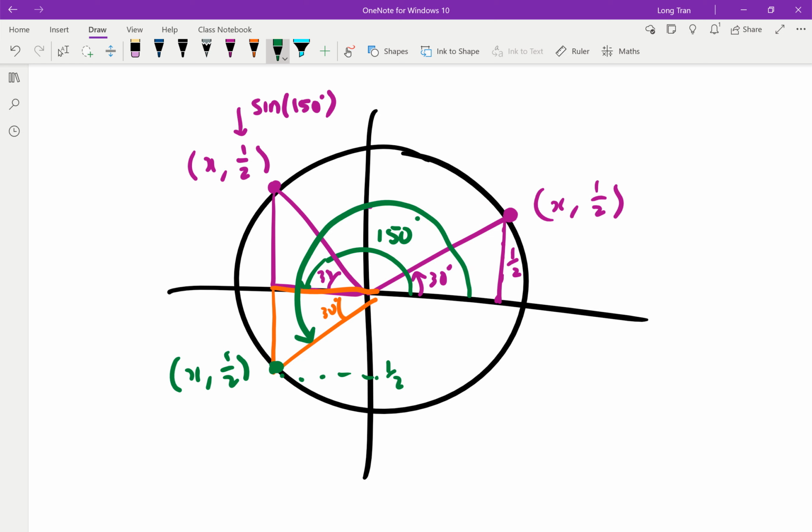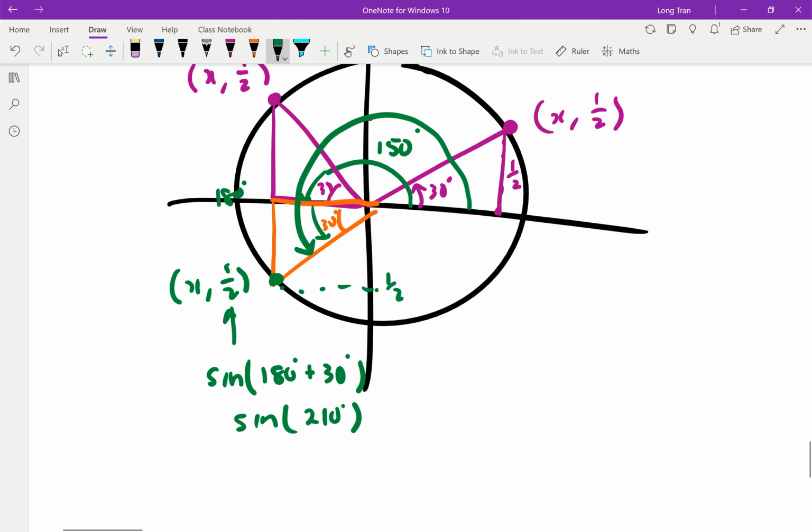You would hopefully now pick up that it is actually 180 degrees with an extra 30. So sine of 180 degrees with an extra 30, means that sine of 210 degrees should give you the value of half, but what's the difference?